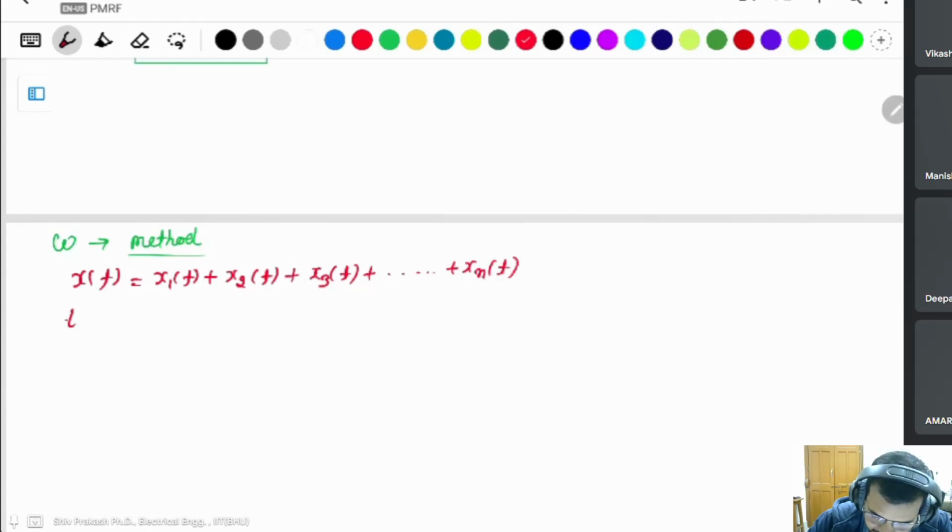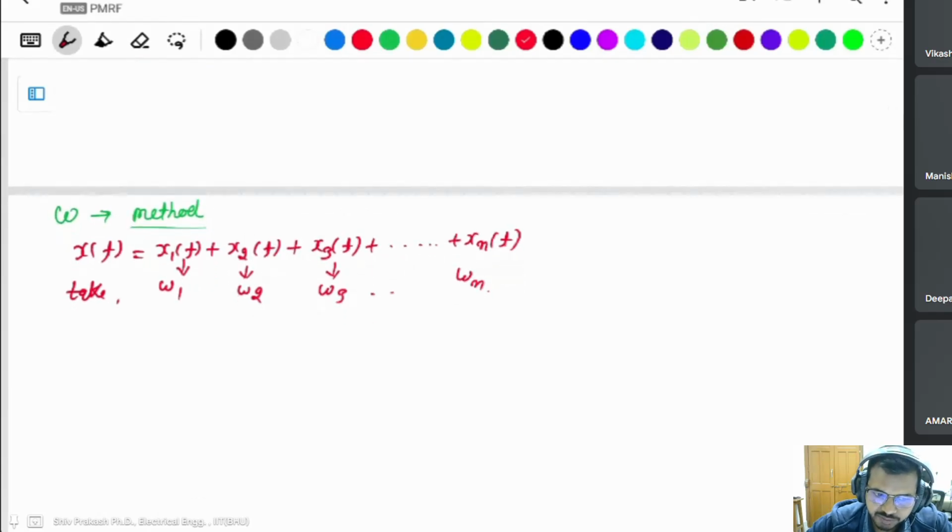Then directly take omega 1 for this one, omega 2, omega 3, up to omega n. Then you have to find the GCD of these. GCD means greatest common divisor.